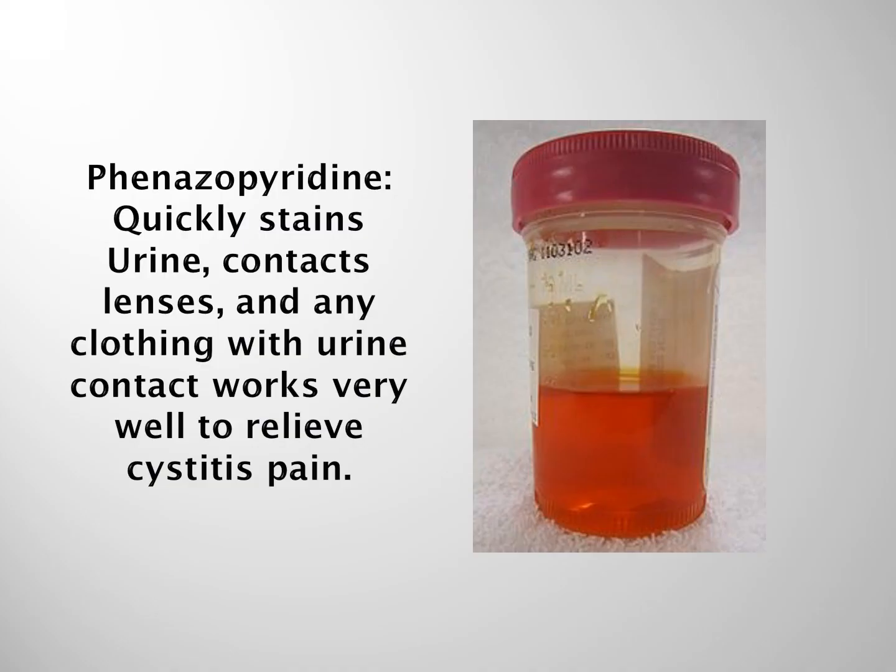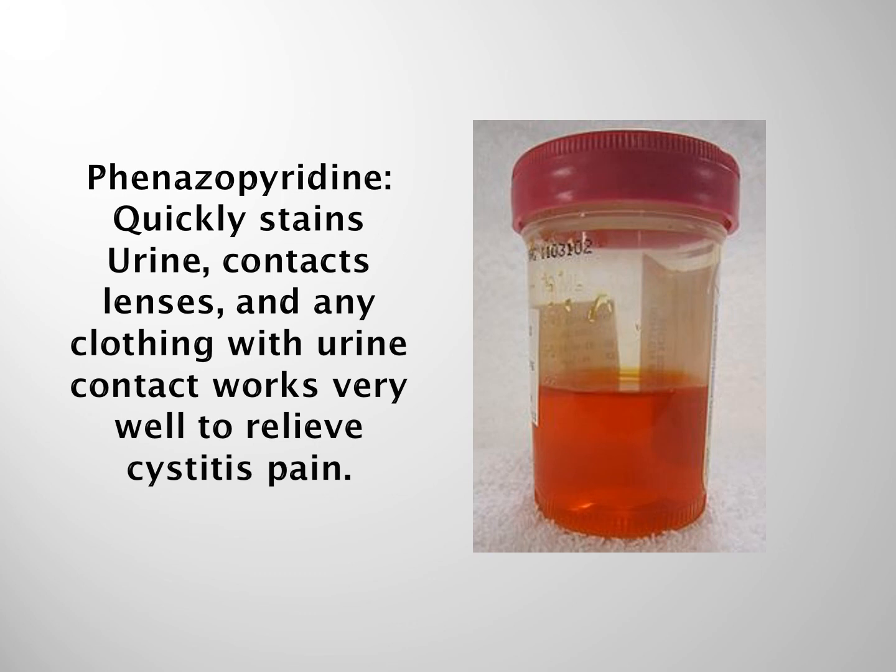So this will be a quick slide. This is just showing the color of your urine when you're on phenazopyridine or brand name pyridium. And remember, this is not to treat the infection. This is to treat the symptoms and the discomfort of the urinary tract infection.